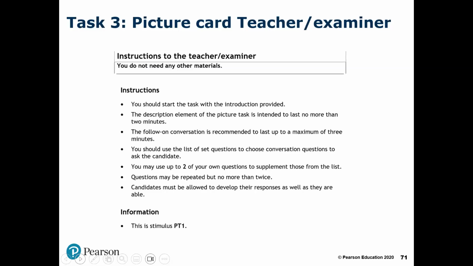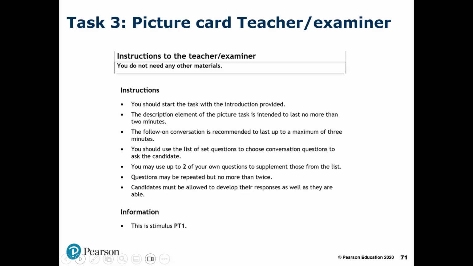Okay, so instructions for you then: you start the task with the introduction provided. The description element of the picture task is intended to last no more than 2 minutes. Again, you need to stop them if they talk for more than 2 minutes about the description of the picture, because we've got to have time for the follow-on conversation, and it should last up to 3 minutes.